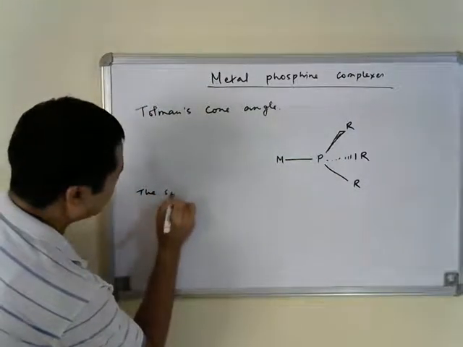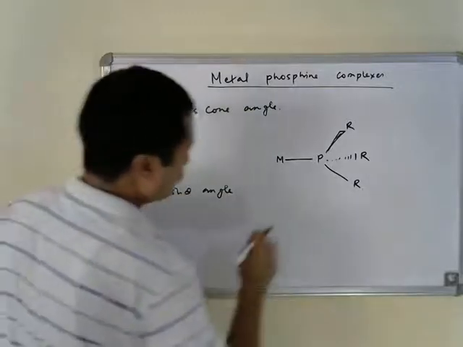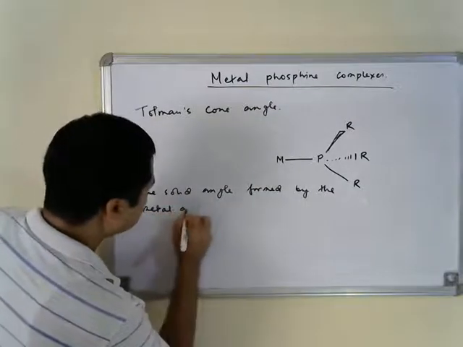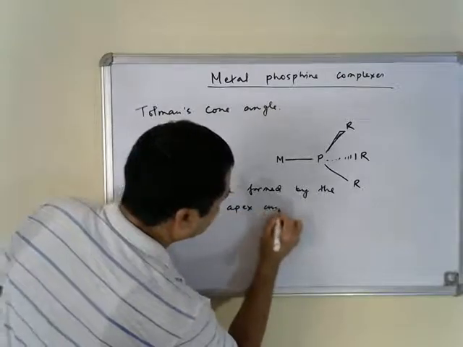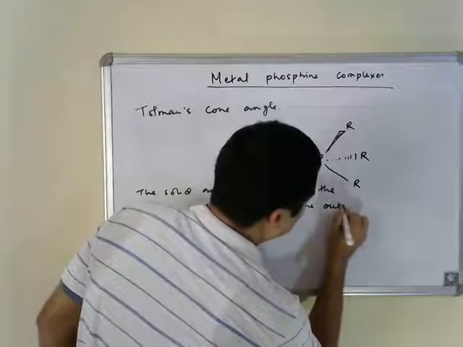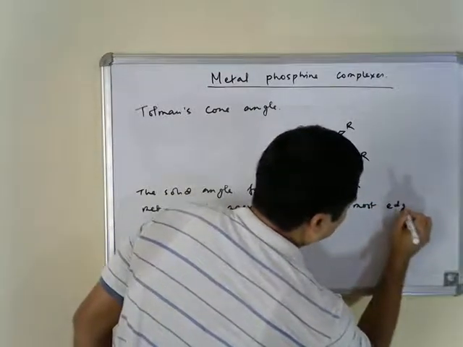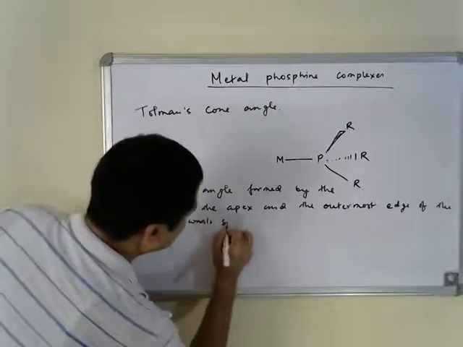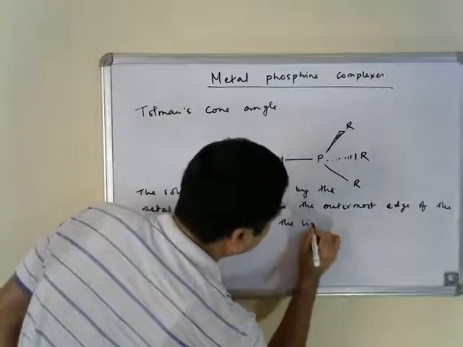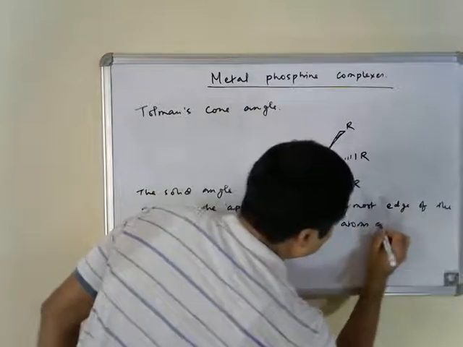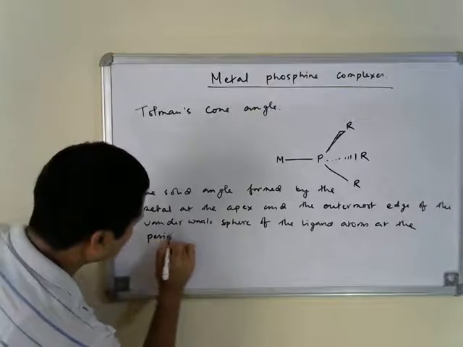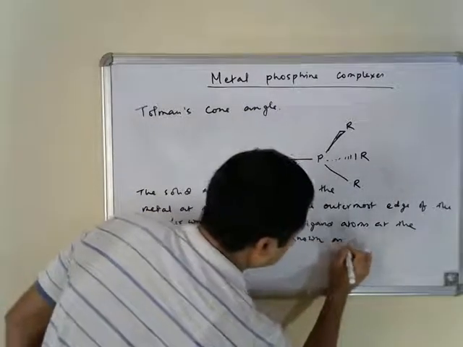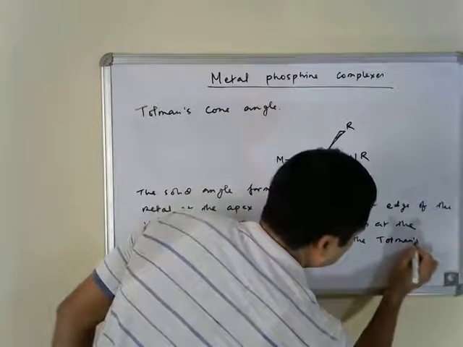So the solid angle formed by the metal at the apex and the outermost edge of the van der Waals sphere of the ligand atoms at the perimeter of the cone is known as the Tolman cone angle.